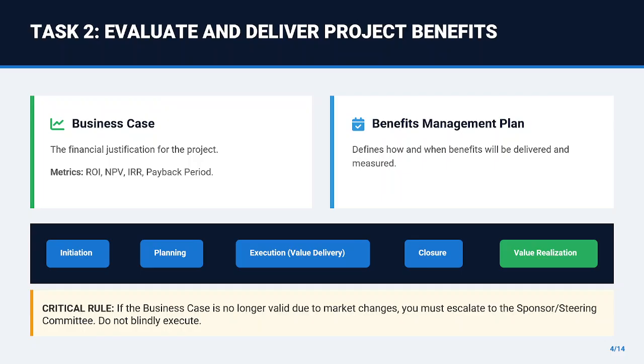As a project manager, you must constantly verify that the project is still aligned with these documents. If the market changes and the business case is no longer valid, you must escalate this to the sponsor or steering committee. You do not continue executing a project that no longer delivers value.